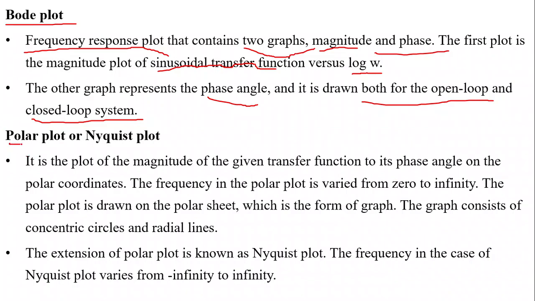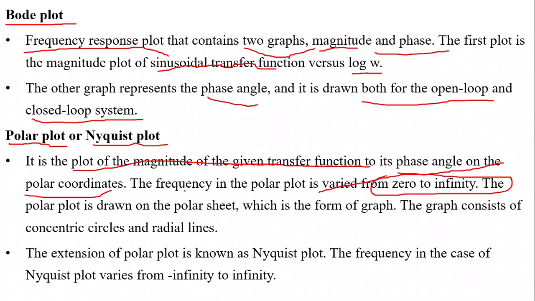The second one is the polar plot. It is otherwise called the Nyquist plot. The polar plot is the plot of the magnitude of the given transfer function against its phase angle on polar coordinates. Generally, the frequency of the polar plot is varied from 0 to infinity. This polar plot is drawn on a polar sheet, which is a form of graph consisting of concentric circles as well as radial lines.